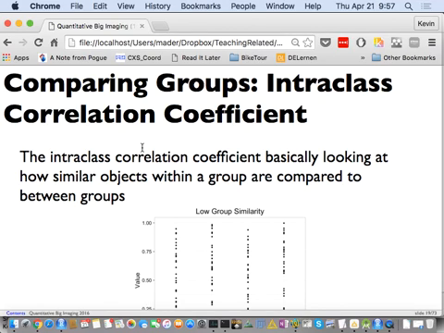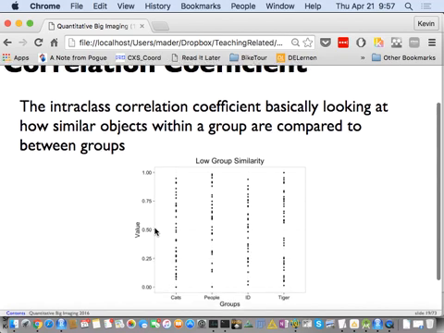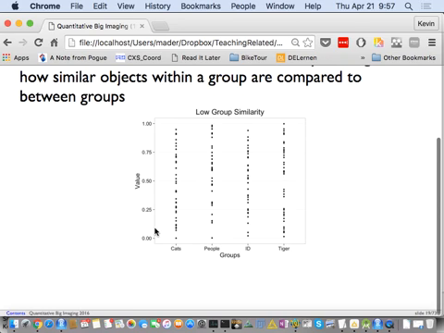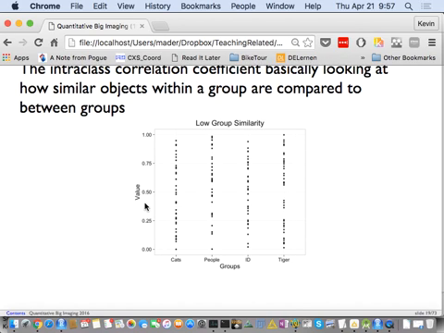It's basically looking at different groups and trying to see how similar these groups are to each other. Here you have an example with some value that you're measuring, and different groups like cats, people, ID, tiger. It's just made-up columns here.